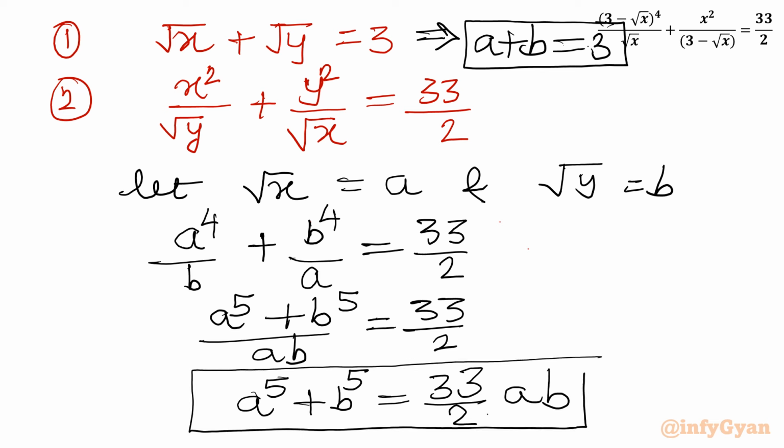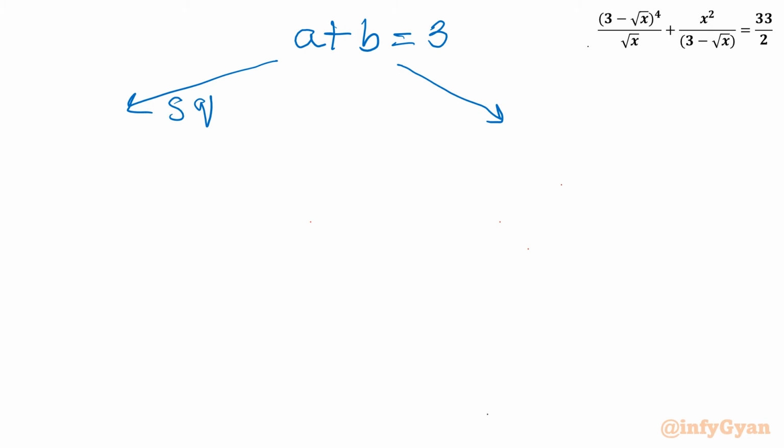Now I will consider finally these two equations: a plus b equal to 3 and a power 5 plus b power 5 is equal to 33 over 2 times ab. Let me write here a plus b equal to 3. Now I will consider squaring and cubing of this equation. Squaring, I can write straight away a square plus b square plus twice ab.